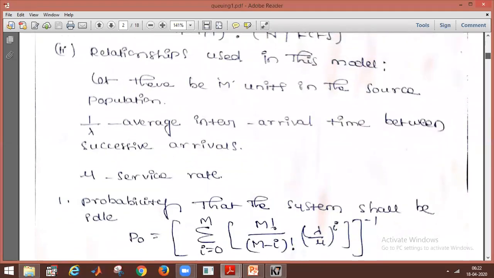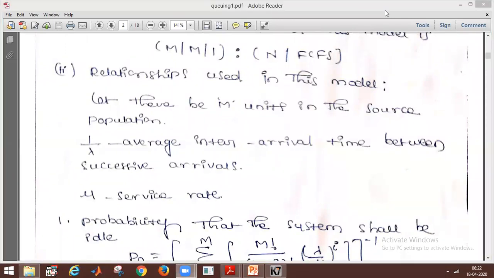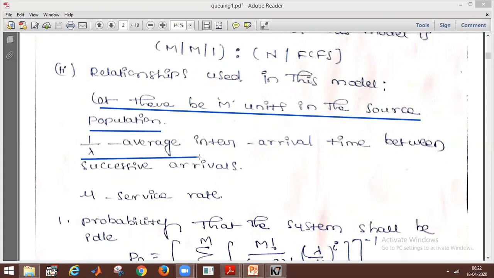First, the relationship of these models. Let M be the units in the source population. Here, M is the source population, and 1 by lambda is the average interval, or average time between the service arrivals.